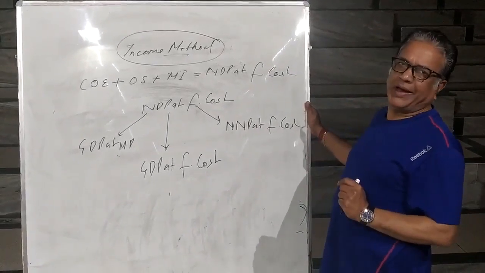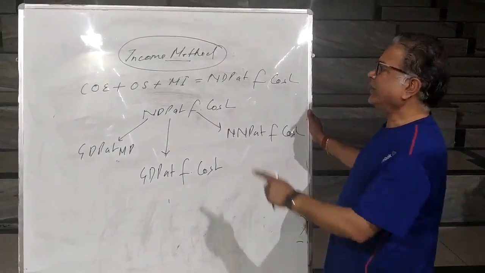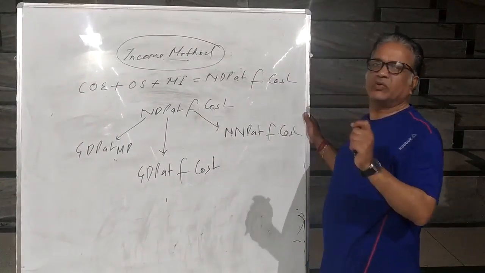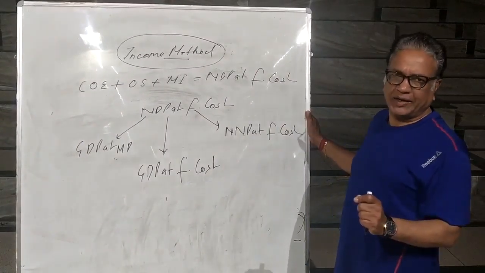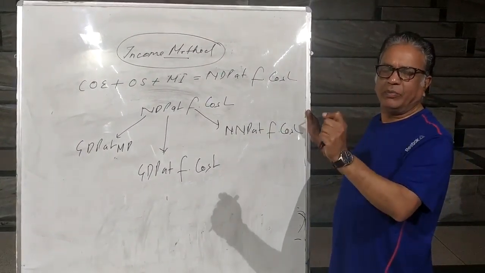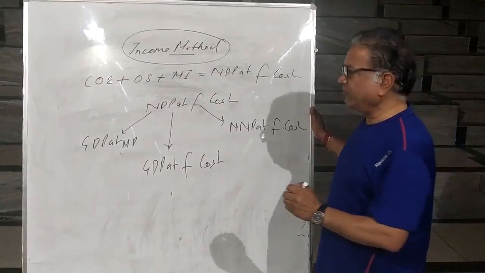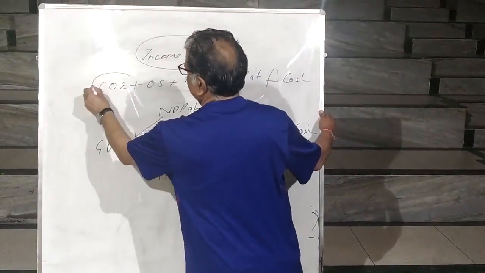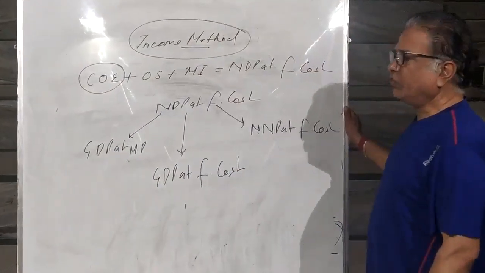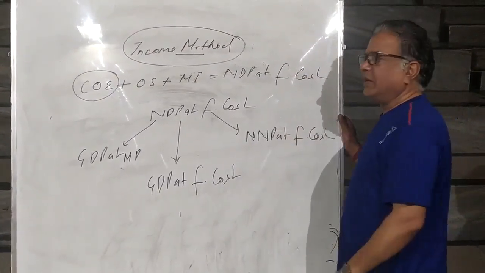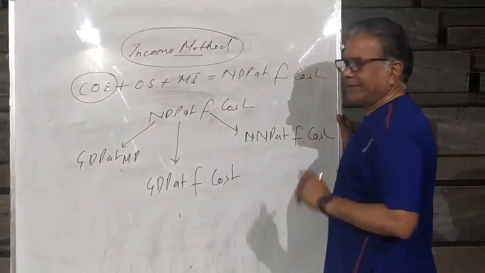If you are going for the numerical in income method, here in this method what we do, we calculate the domestic product and national product by calculating the income generated in the economy. So the first income generated, which we already discussed, by the labor, that is called COE. So when you go for the numericals, either you will get COE as an item.